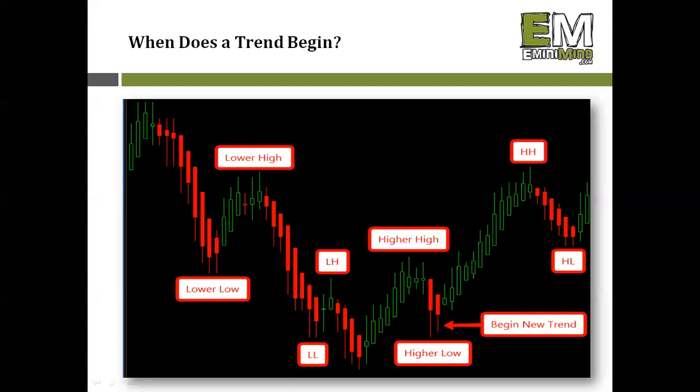So that's where identifying where the trend is beginning, or you could look at it another way and say, where the trend is ending. The downtrend ends, the uptrend starts. That's the first piece to determine: do I want to get in a trade?